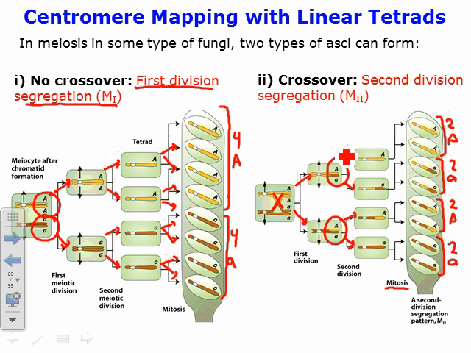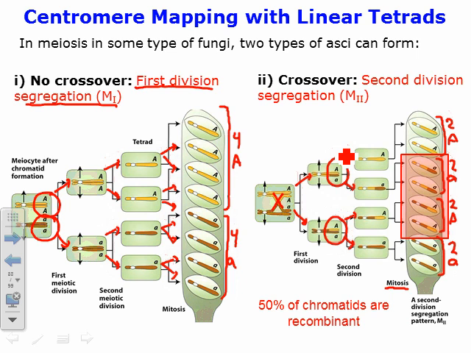So this deviation from that 1:1 or 4:4 ratio of the M1 pattern is consistent with M2 segregation and crossing over and recombination. If we look at these 4 spores in the middle in this ascus, we can see that these are recombinants, and that they contain pieces of both the orange and the brown parental chromosomes. So in this example, 50% of the chromatids are recombinant.